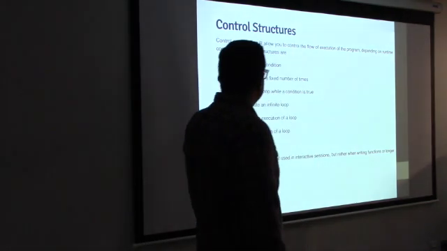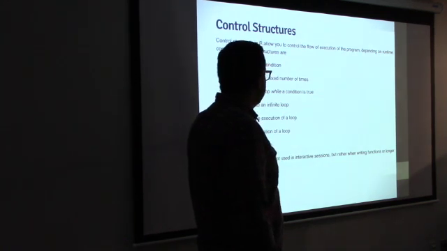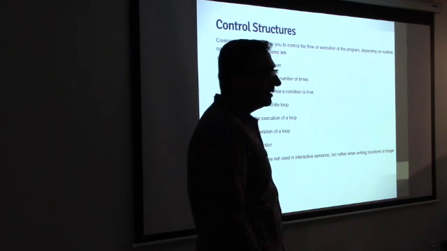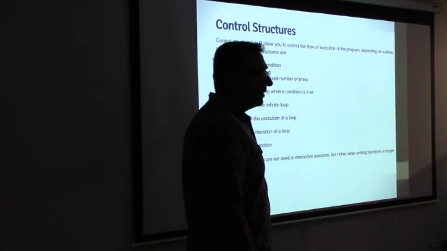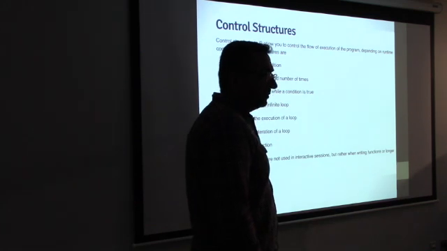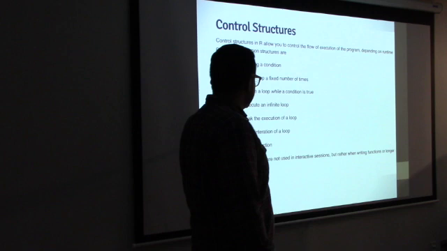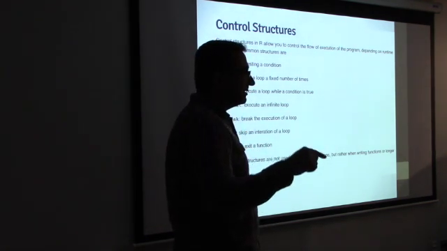Like I said, there's for, there's while, there's repeat. When you usually have a repeat, you have a break. Repeat basically says keep doing this infinitely until you encounter a break statement. The break statement then breaks out of the loop. Sometimes you also have a next statement, which helps you skip to the next iteration.